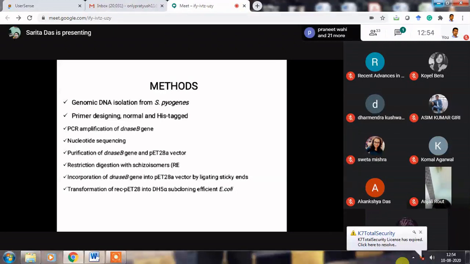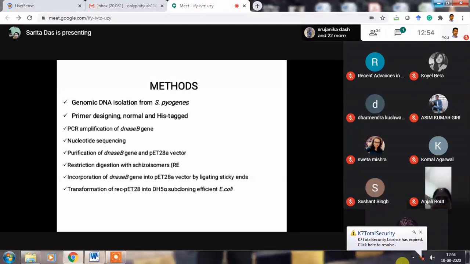Both the target gene and the vector were digested with restriction endonucleases, then ligated, and transformation was carried out. Once the recombinant vector is generated, it has to be put into a biological system.